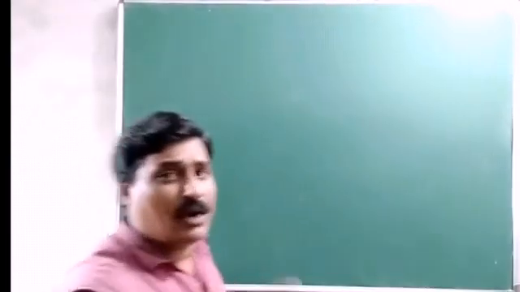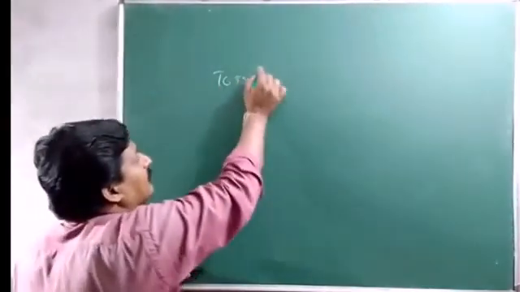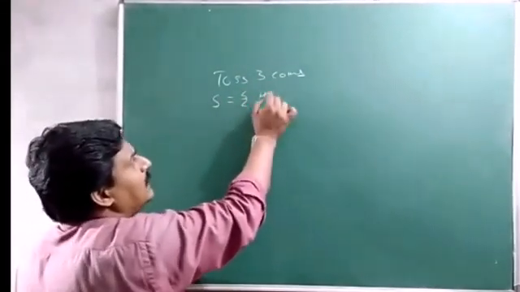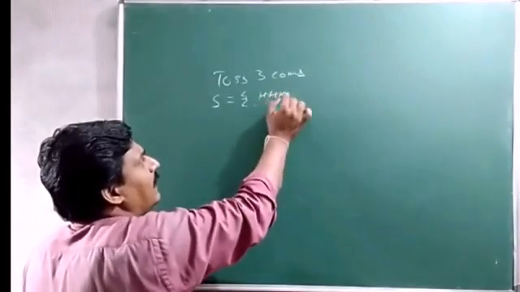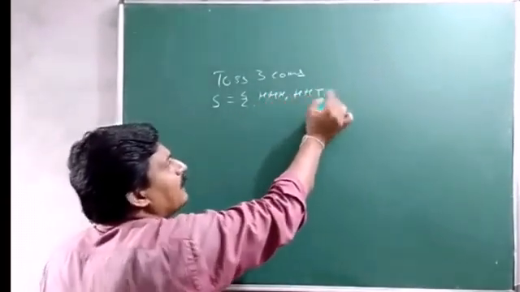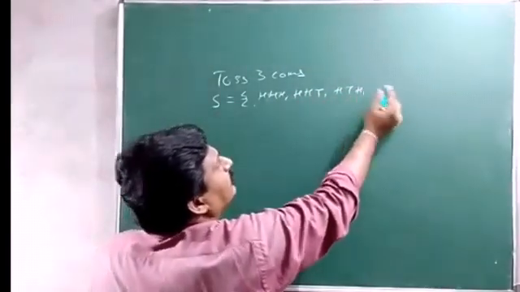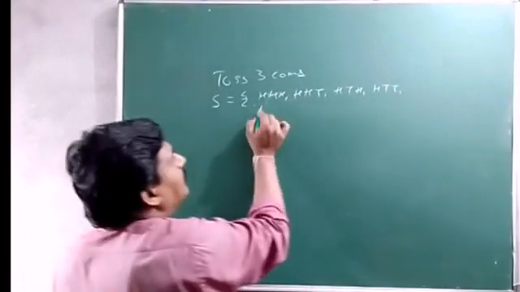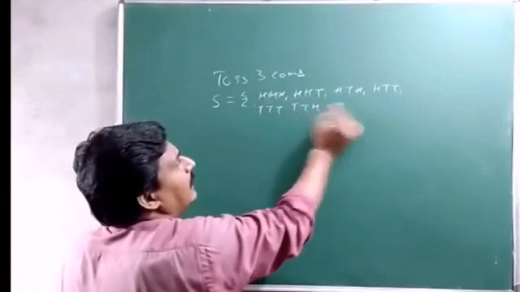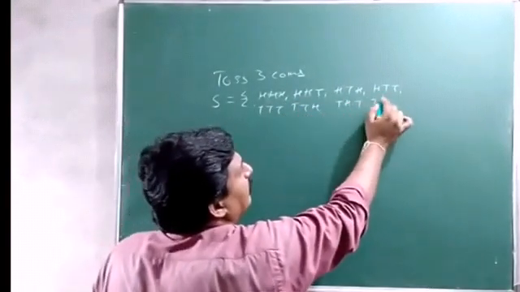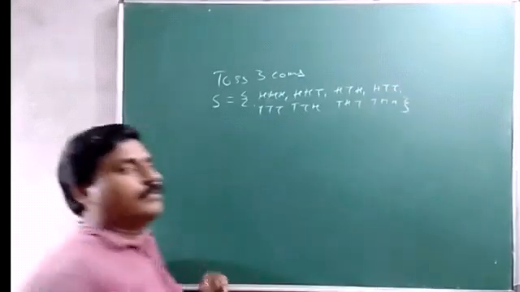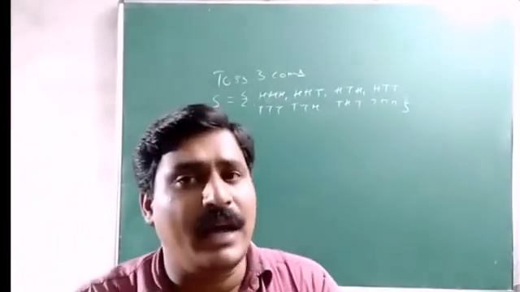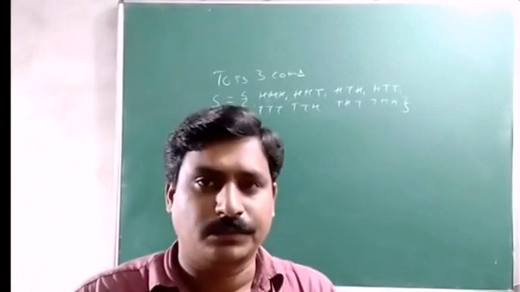The possible outcomes when we toss 3 coins: the sample space is head, head, head, all 3 heads; head, head, tail; head, tail, head; head, tail, tail; tail, tail, tail; tail, tail, head; tail, head, tail; and tail, head, head. So this is the sample space. Now the desired result I want is all heads or just a head.